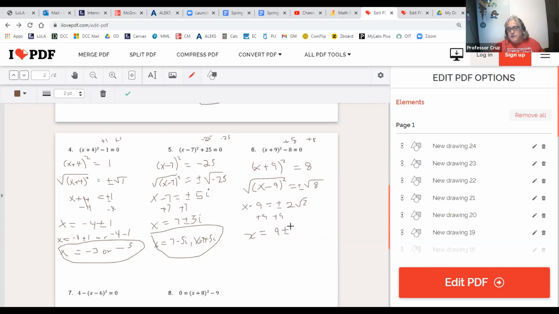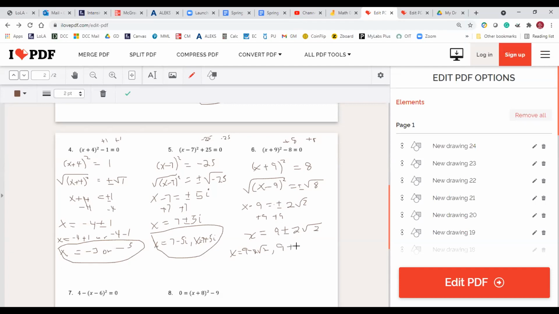But like I said, MyMathLab is probably going to make you put them in separately, as I remember. It's supposed to be a -9. It's negative over here, so we add 9.